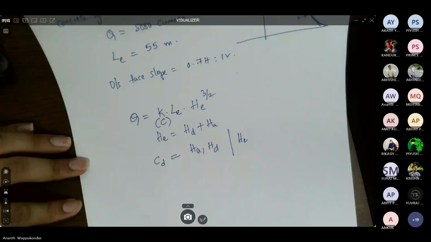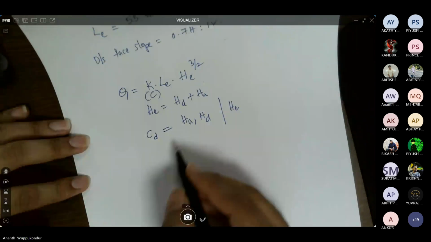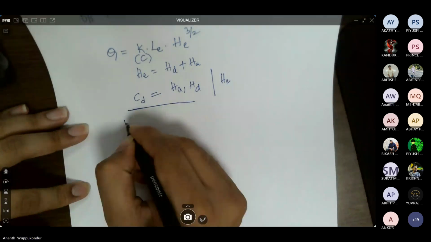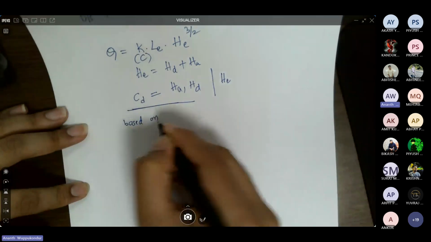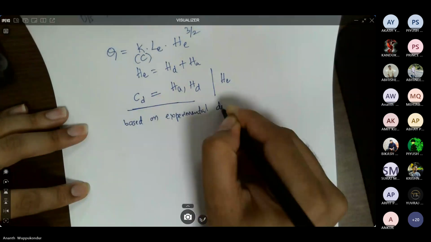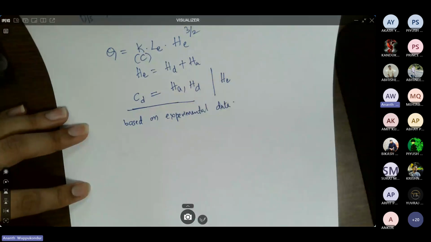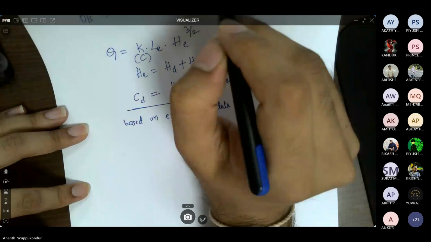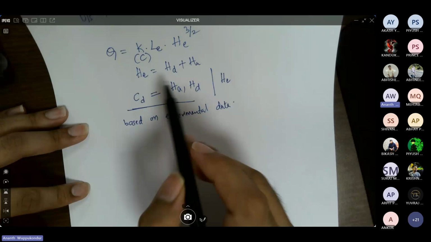And this CD usually we get based on experimental data. Let's say you do experiments in the lab by constructing a spillway, and then you measure the discharge that you're allowing, and then you calculate the discharge. So you get this CD.